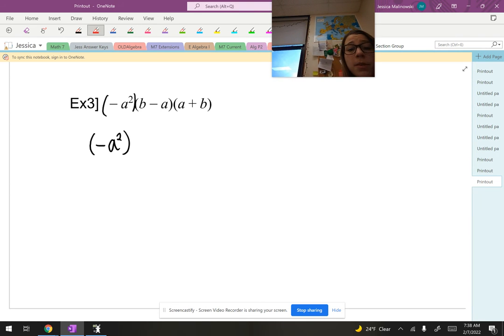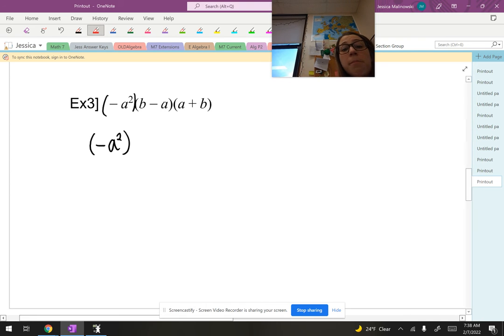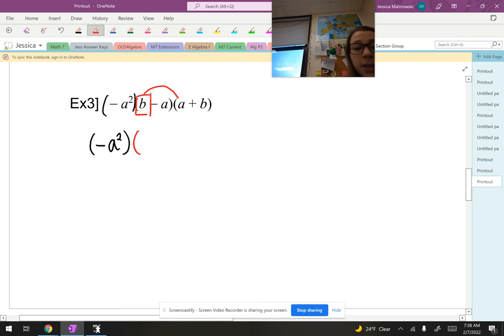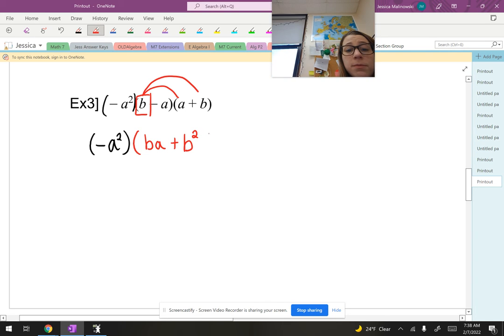So first off, I'm going to start with double distribution, my binomial times my binomial. And I'm going to start with distributing that b first. B times a, 1b times 1a. I'm going to keep my parenthesis here. Is going to turn into BA or AB, doesn't matter. And B times B is going to turn into a positive or plus B squared.